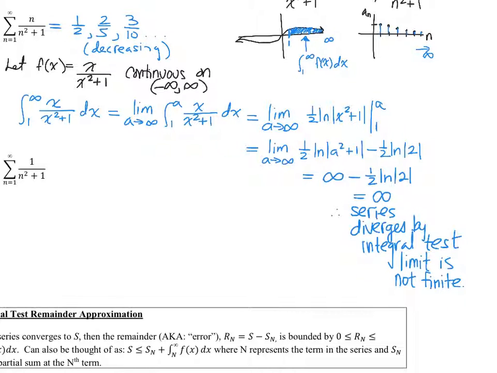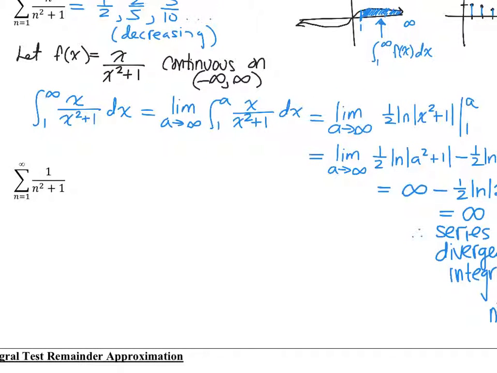So for b, 1 over n squared plus 1. The good news is for this one, you're not going to have any trouble with the integral. We need to demonstrate the important characteristics, and that's that it's decreasing. So the first few values are sufficient. We're talking 1/2, 1/5, 1/10. So it's decreasing.